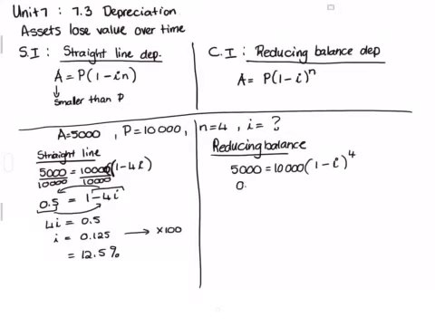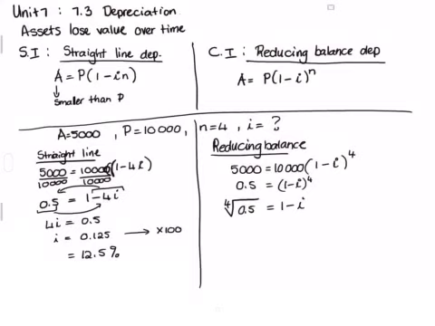Again, divide both sides. I would get 0.5 equals 1 minus I to the 4. Right, how do I get rid of to the 4th power? I do the 4th root. Then I've just got 1 minus I here.